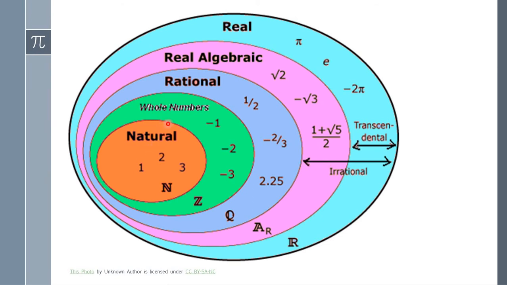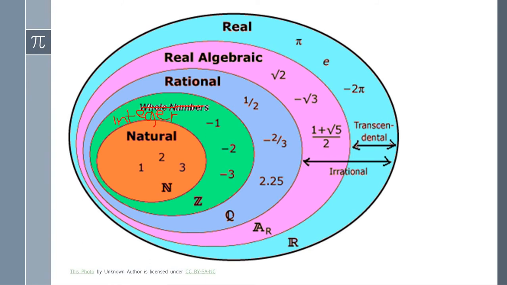So this is the smallest set, where the natural numbers are. Here are the whole numbers, where 0 is added. It would be wrong to say a negative is a natural number. It is no longer a natural number; it is an integer. So we have to be very careful with how we write and describe each set.